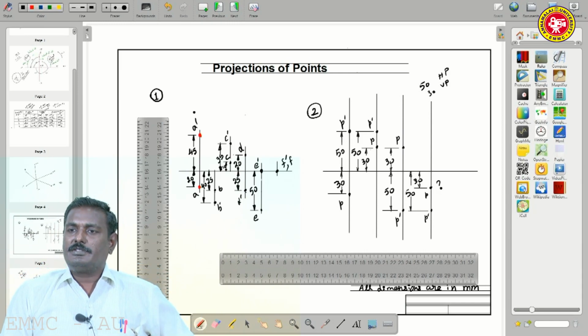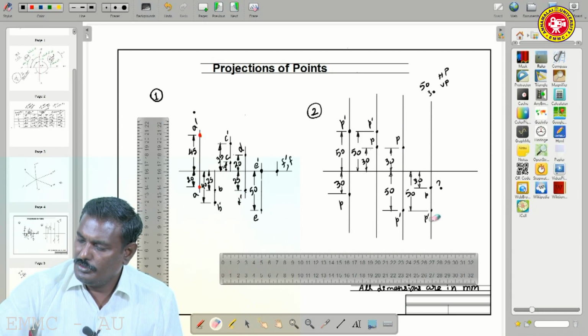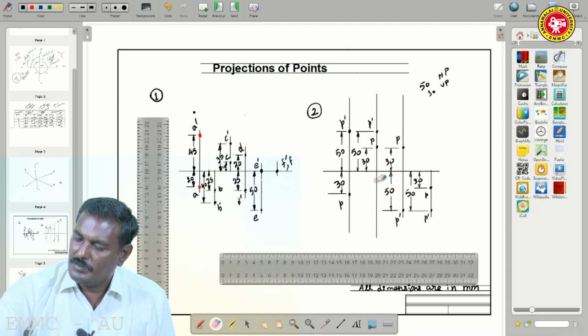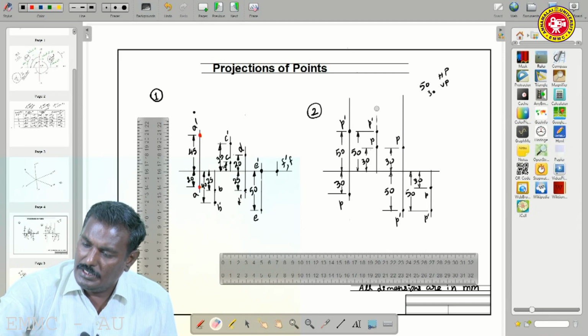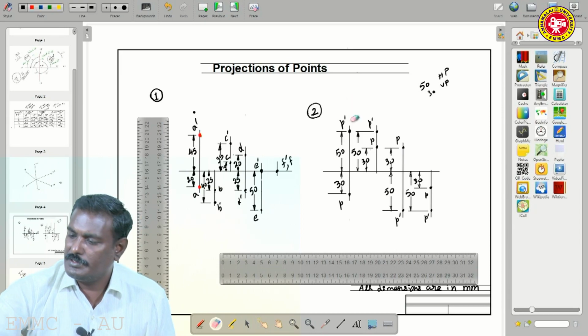So that is the reason. Then you have to erase the extended portions. No need of these things, these portions are not required. That's why I tell you to draw using a 2H pencil without high impress.